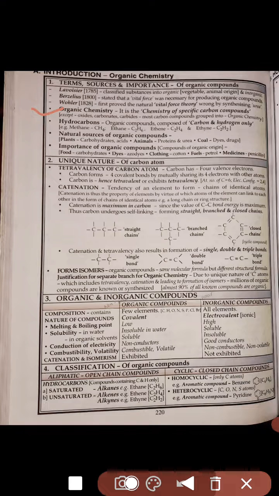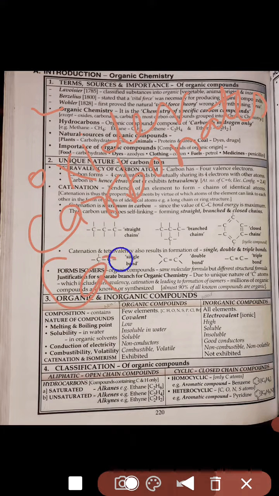So this is the chemistry of the specific carbon compounds, and what is not included in it are oxides, carbonates, and carbides.